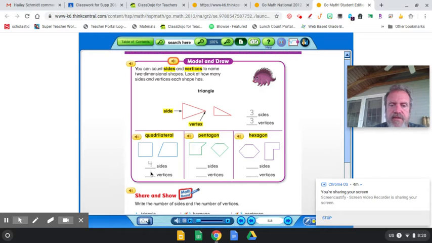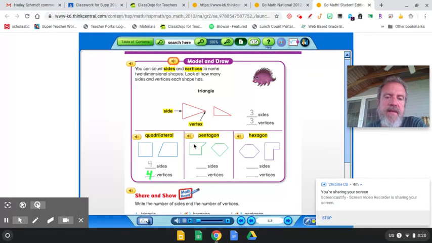Well, let's count the points or vertices. 1, 2, 3, 4. So if it has 4 sides, it will have 4 vertices, and it is called a quadrilateral. Say it. Good.